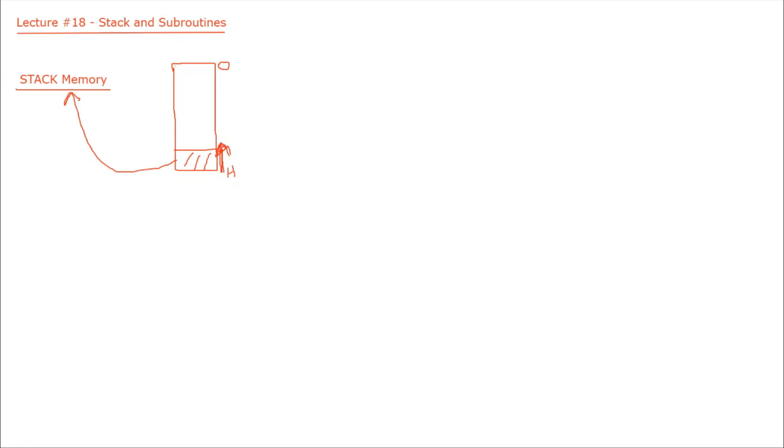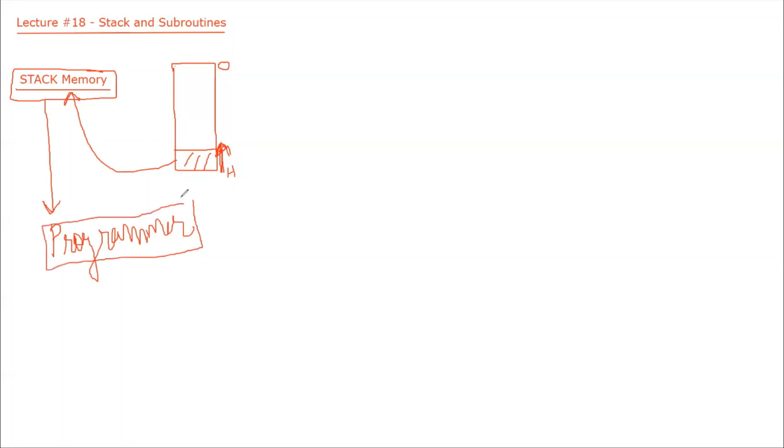And the stack memory is reserved or specified by a programmer. What does this mean? I will explain this. The stack memory, as I said, is a portion of main memory. However, that portion is specified by the programmer.